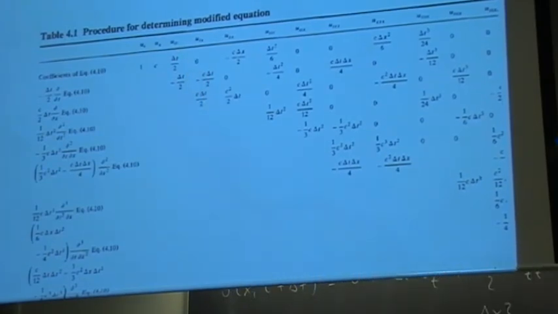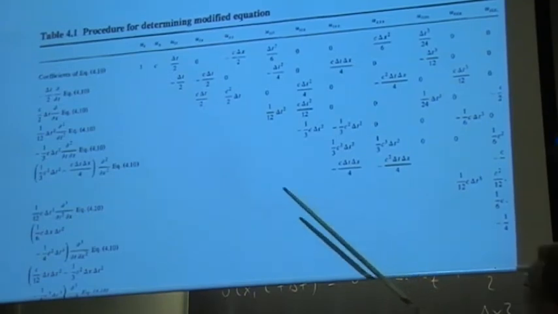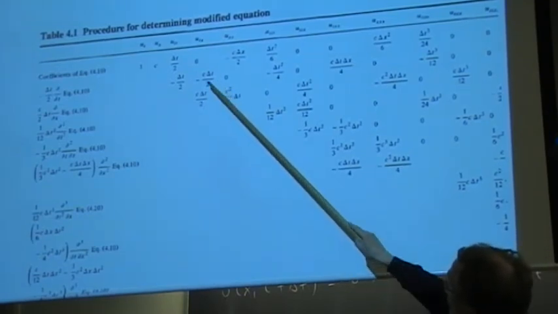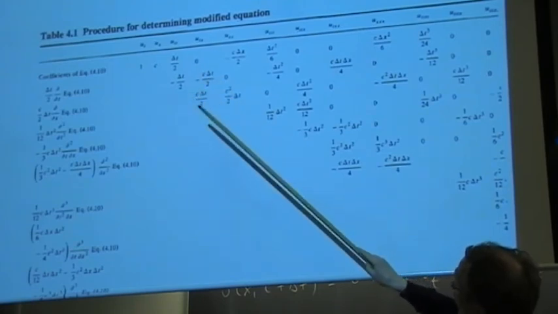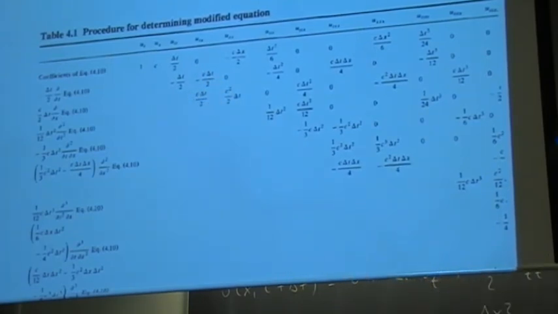So that is coming from here. And then we get in addition this mixed term, minus c delta t half uxt.